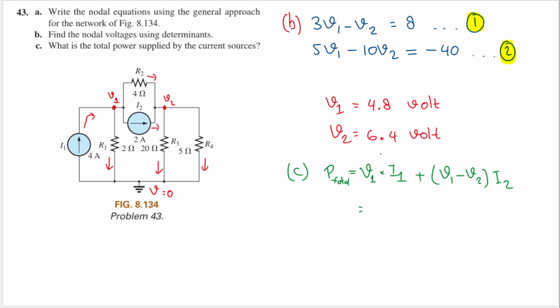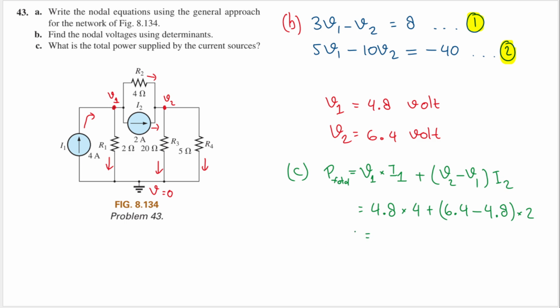V1 is 4.8, so I'll have 4.8 multiplied by I1, which is 4, plus. Because this is going to the right, the voltage will be V2 minus V1, so I will have 6.4 minus 4.8 multiplied by 2.